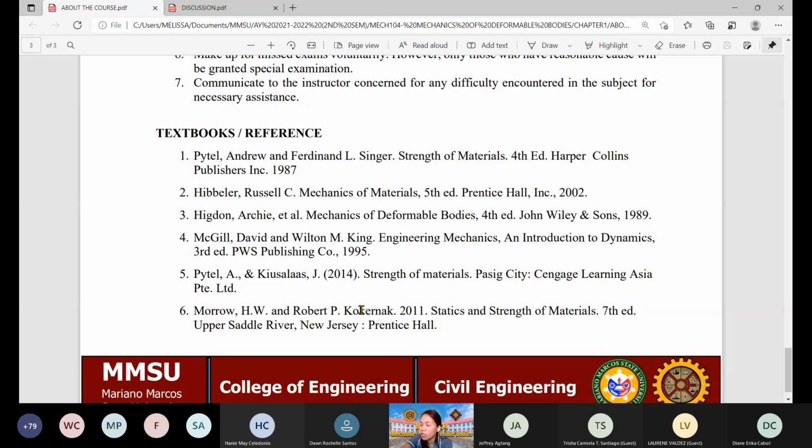So, do you have any questions for our class policies or grading system? May tanong po ba? And additional lang pala ha, it's not only applicable sa aking subject.